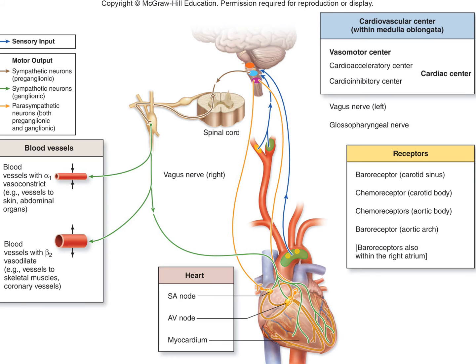This is just a picture showing exactly where those dudes are, but you don't need to memorize where these guys are if you can grasp the concept. So we have baroreceptors and chemoreceptors that are recognizing changes in pressure in the system, and they tell the brain, and the brain adjusts.